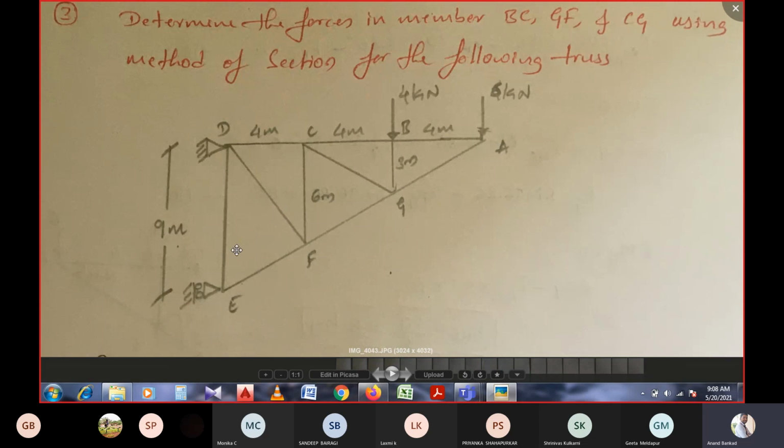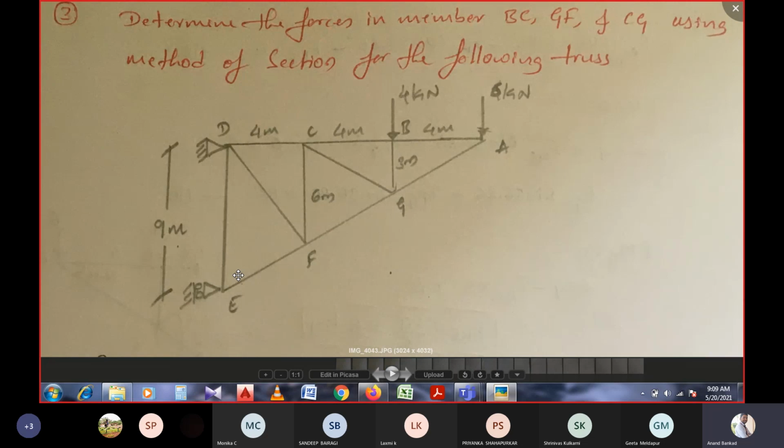It is so simple that we may have to recall the Pythagoras theorem. If the opposite side distance is known and the adjacent distance is known, then the angle can be found. So by referring to these dimensions, we can calculate using trigonometrical functions.